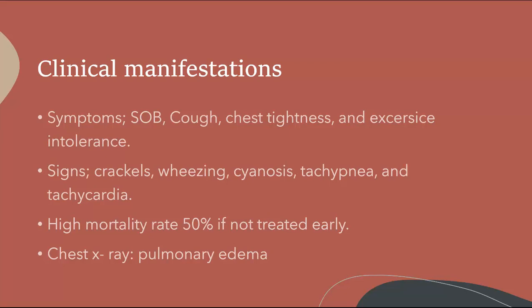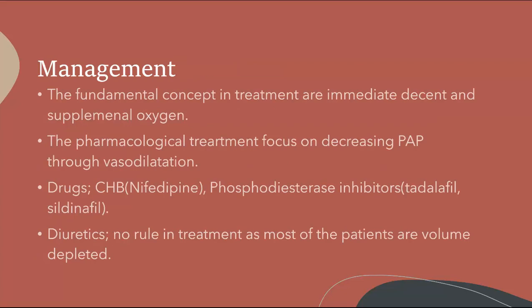Exam-wise, there are going to be bilateral crackles, wheezing. If severe, you're going to see cyanosis, tachycardia, and tachypnea, and this is because of sympathetic activity. There is a high mortality rate, reaching about 50%, if not diagnosed and treated early. And the chest X-ray is going to show pulmonary edema.